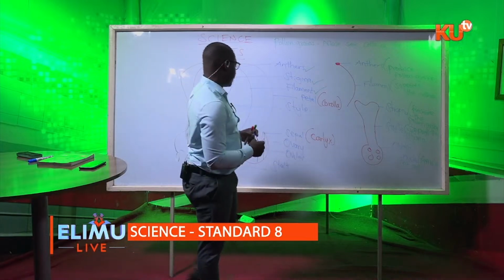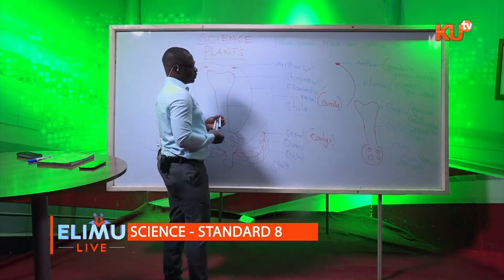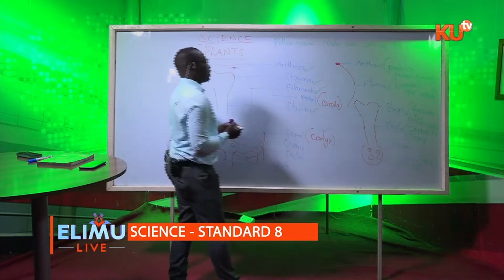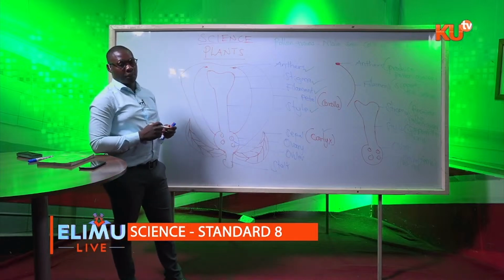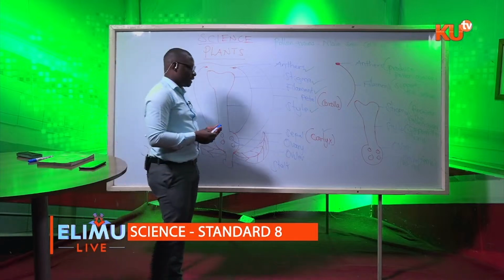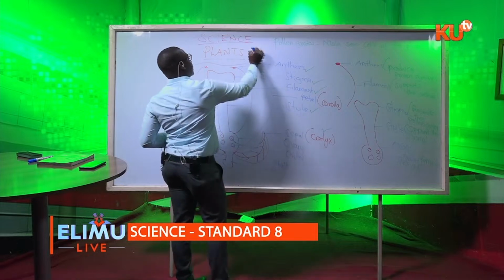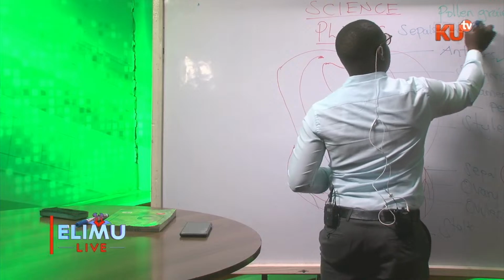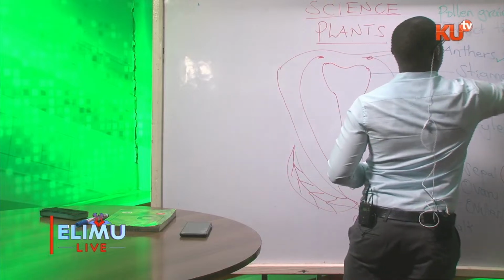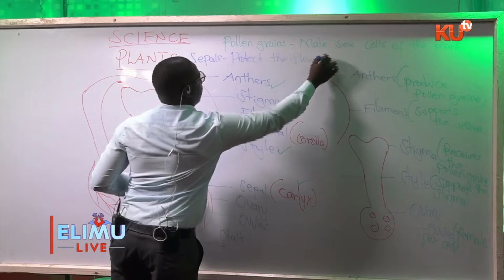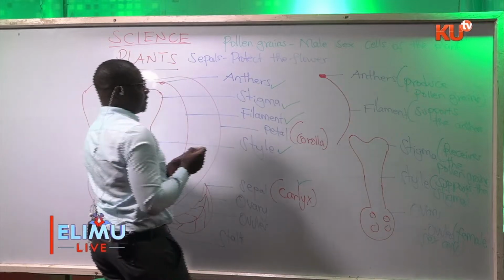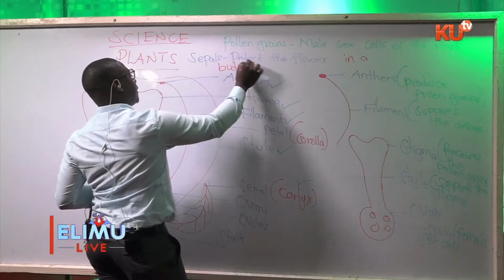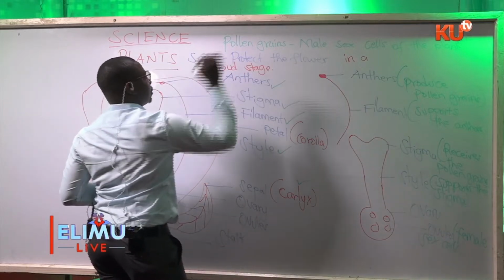We'll also look at pollination. We have looked at the function of the style. So we look at the function of the sepal. The function of the sepal is to protect the flower in a bud stage.